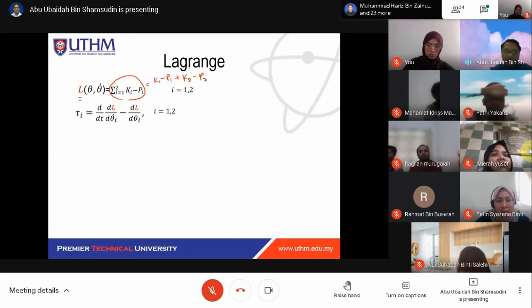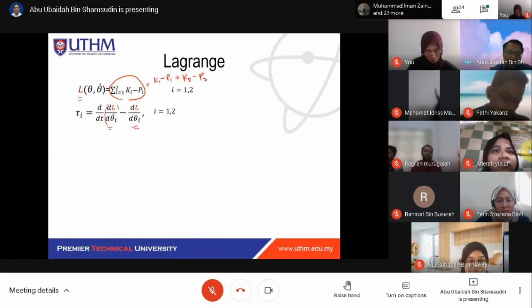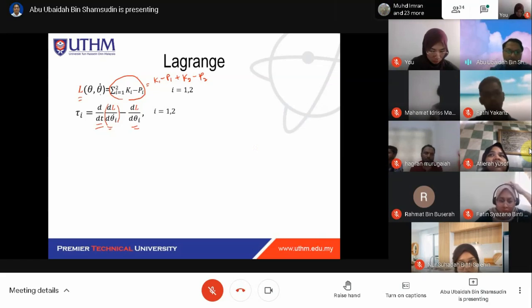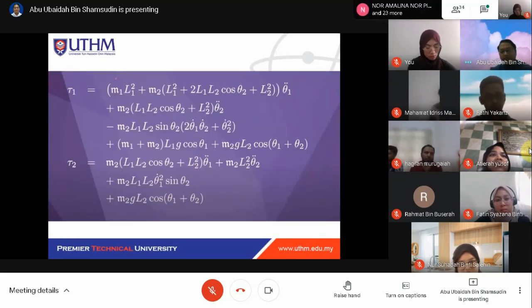And then for Lagrange, you need to differentiate with theta I, and for the theta dot I, you need to differentiate with d over dt. Okay, so this is a bit long process. So finally, if you follow this Lagrange process here, you will get this equation.